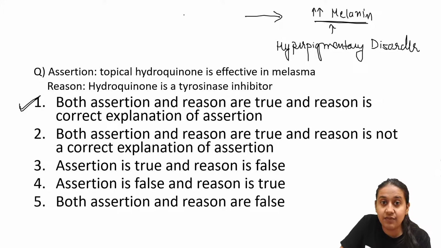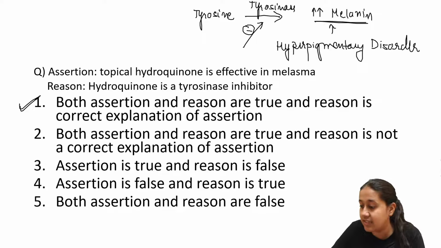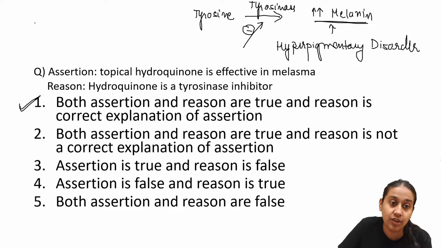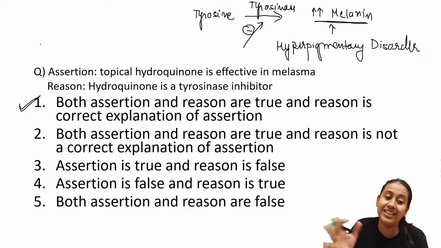You have increased conversion of tyrosine to melanin with the help of enzyme tyrosinase. So for taking care of the melasma lesion, you need to give something which inhibits the tyrosinase, and that is hydroquinone. So the correct answer is both of them are the correct statement with the explanation of each other.